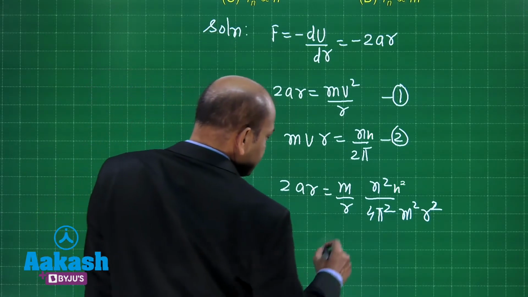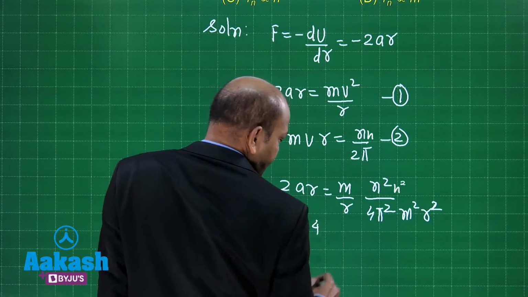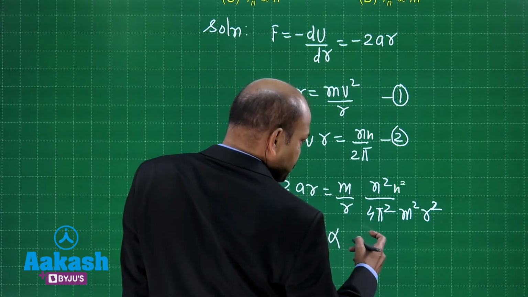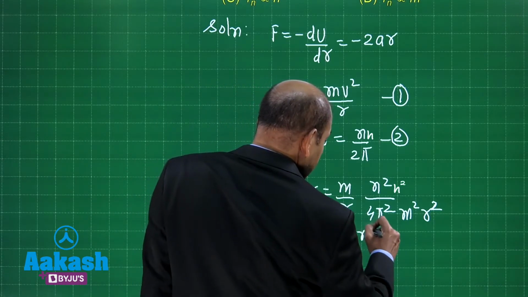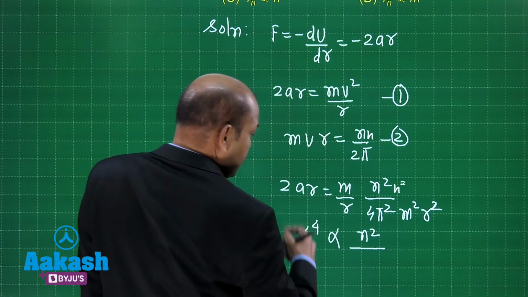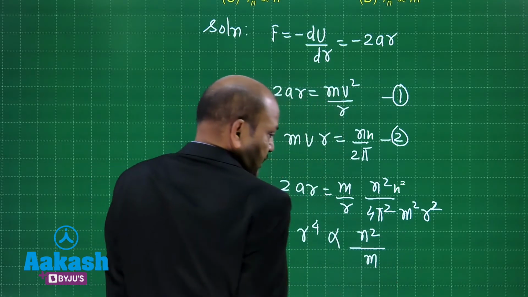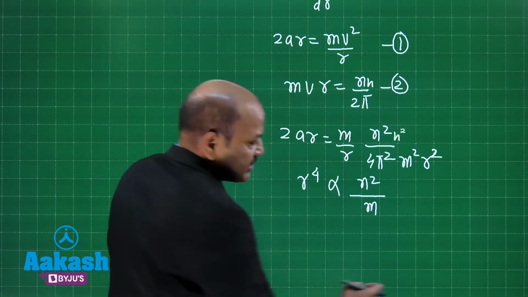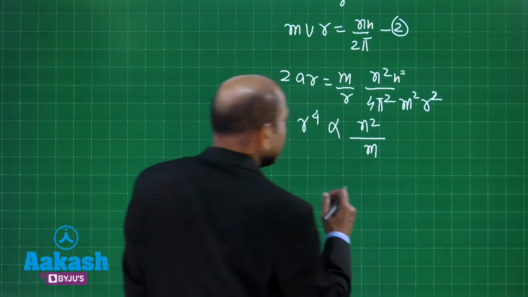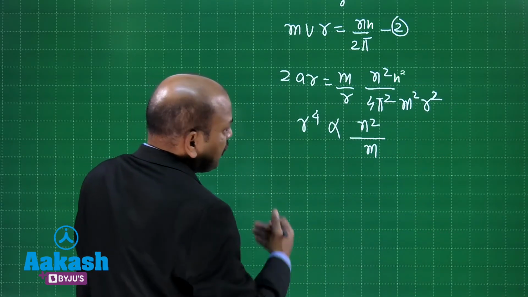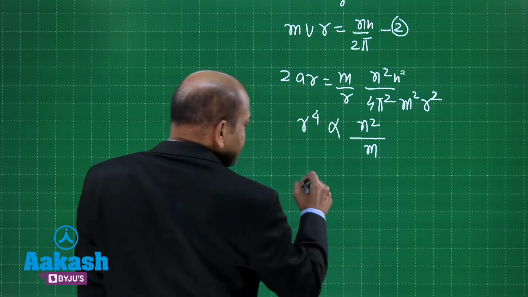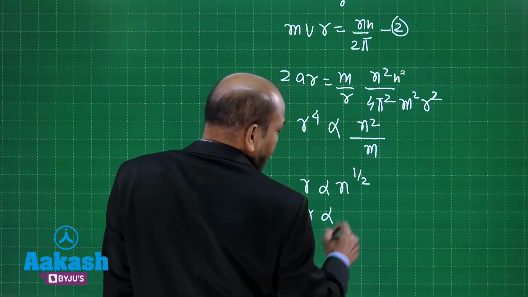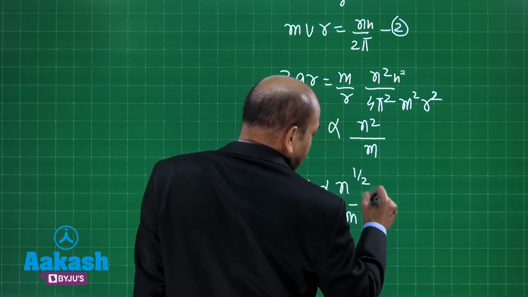What we find is r to the power 4 is proportional to n square divided by m, because there are some constant terms, and that will give us the correct result about the dependence of r on n and m. So r is proportional to n to the power 1 by 2, and r is also proportional to m to the power minus 1 by 4.